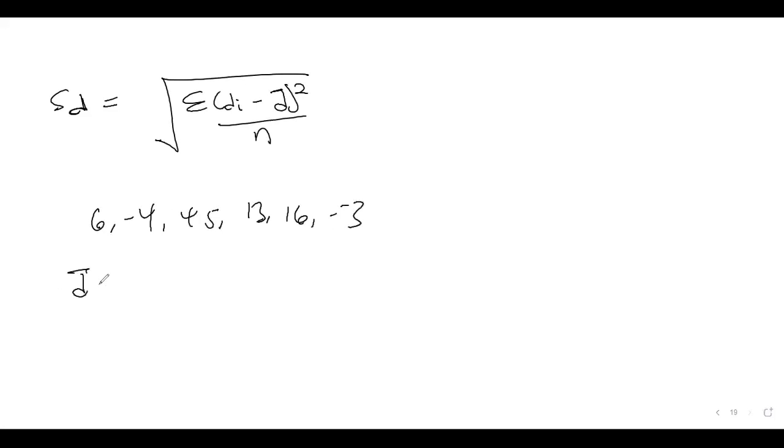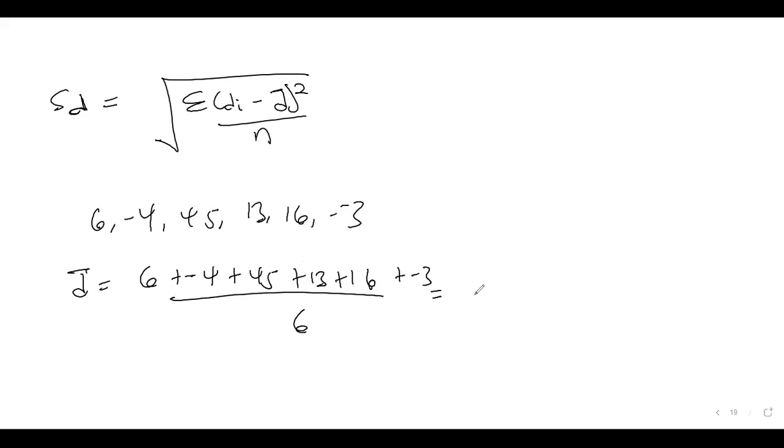And then you remember the average is 6 plus minus 4 plus 45 plus 13 plus 16 plus minus 3, all over 6. This was the average, and the average was 12.17, right? Okay.